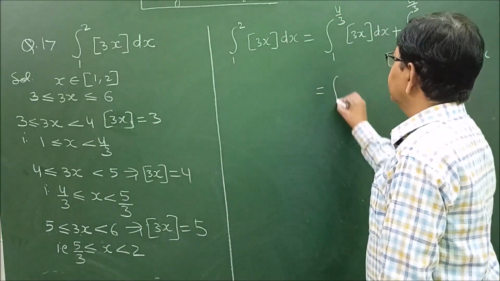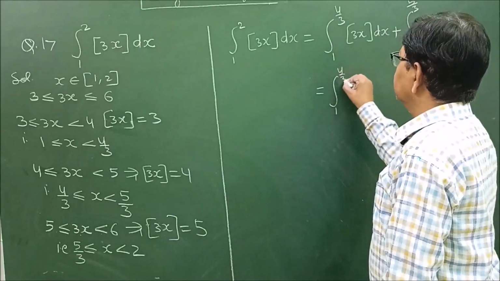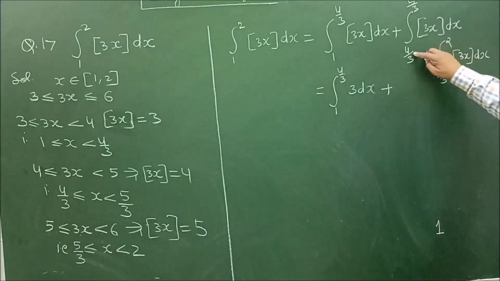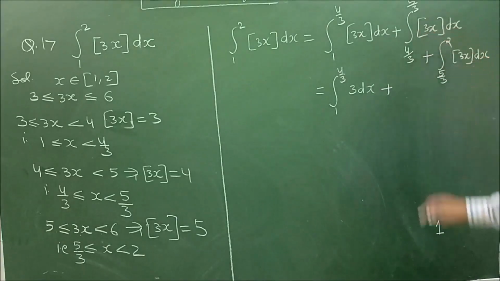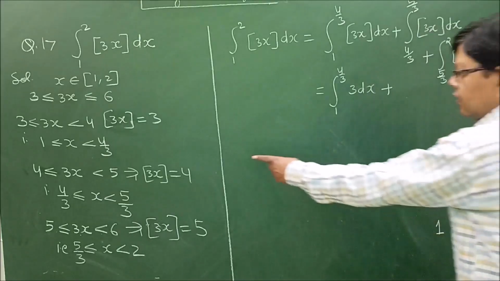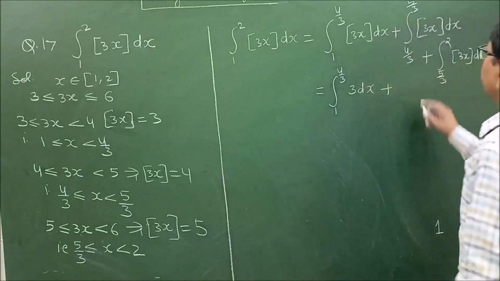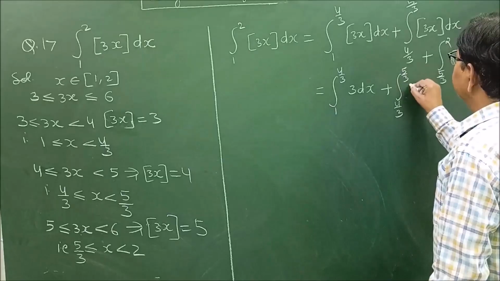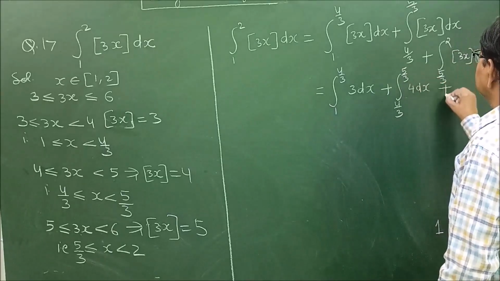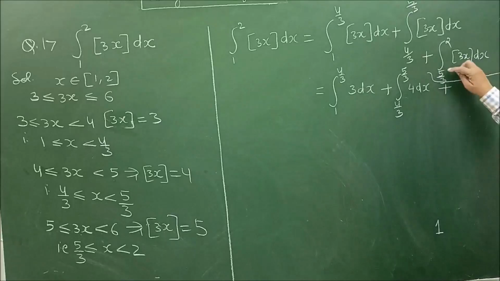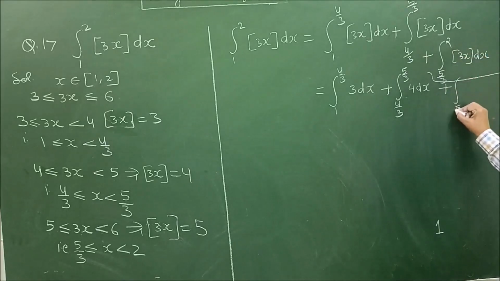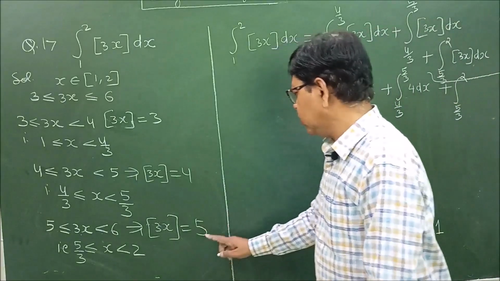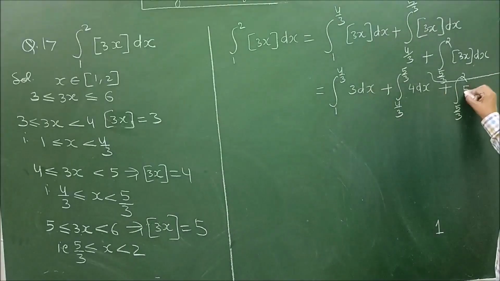So I can write 1 to 4 by 3 3 dx plus, within these limits 4 by 3 to 5 upon 3, the value of greatest integer 3x is equal to 4, so 4 dx, plus from 5 upon 3 to 2, greatest integer 3x is equal to 5, so 5 dx.